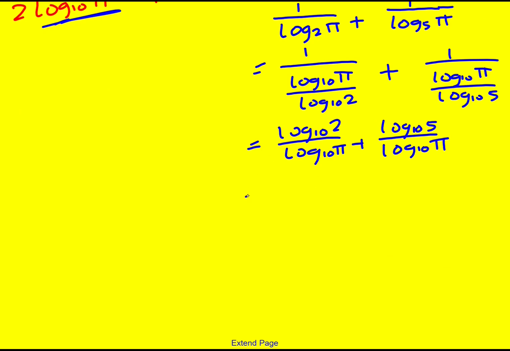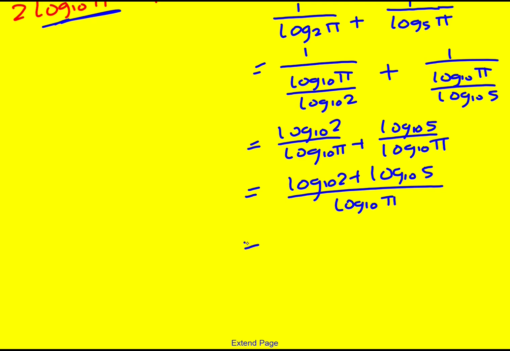And then we can add the fractions together. And I can combine these using the first rule of logs, the addition rule. So it's going to be log to base 10 of 10 because I times them together. And that is just equal to 1 at the top.